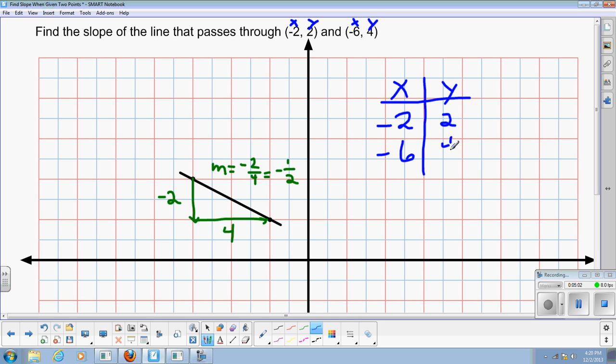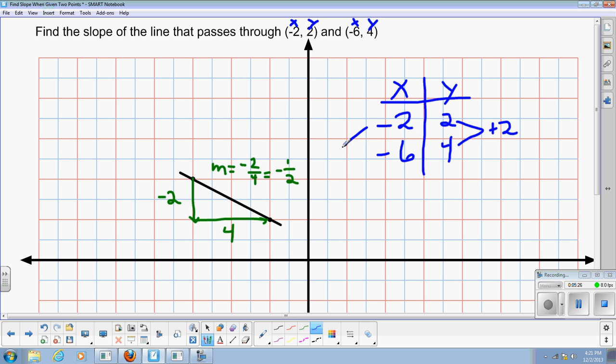4. And when we're working a t-table, we say, all right, the change in y. How much does y change? If it starts at 2 and changes to 4, when we go down on the line, how much does that change? Well, that is a plus 2. From 2 to 4, we go up 2.